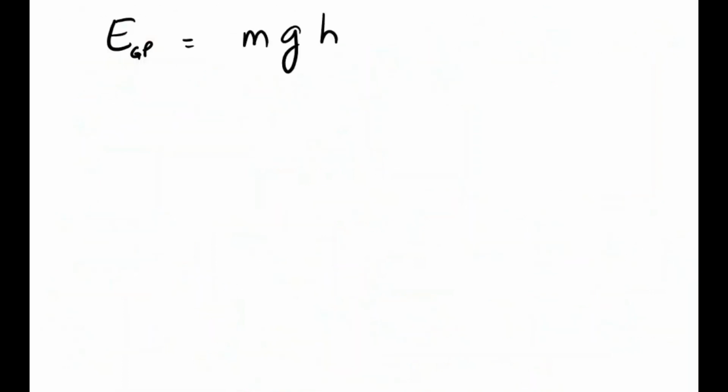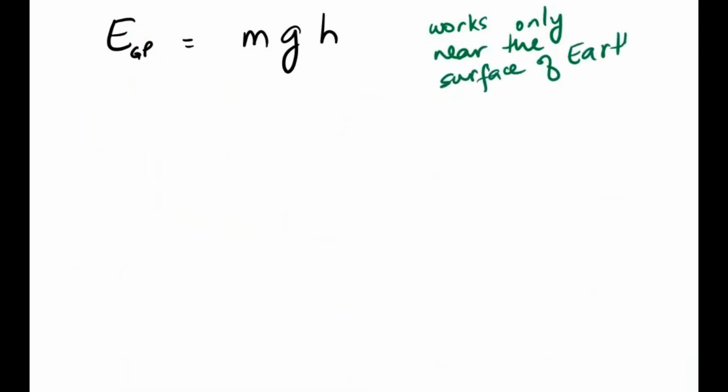Now we're going to take a look at the units for gravitational potential energy. Also keep in mind that this equation, mgh, only works when the object is placed near the surface of the Earth. As you move far from the surface of the Earth, it will make a difference and it's not going to be accurately measured. So let's talk about the units.